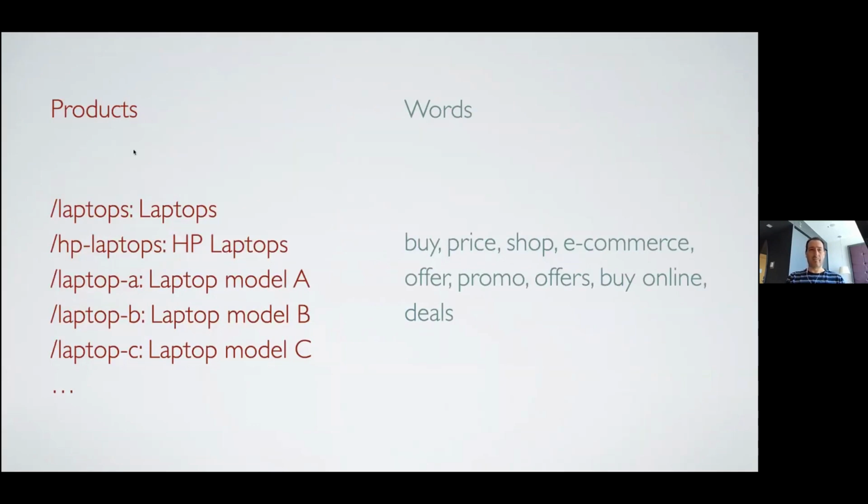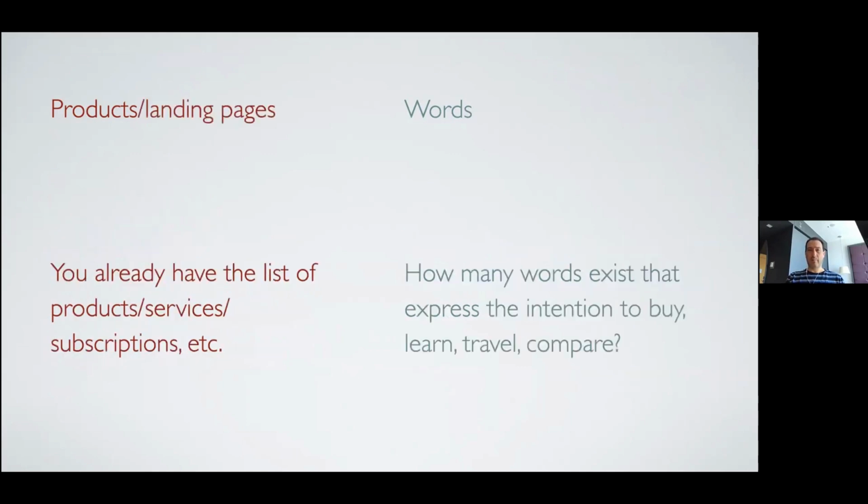So in order to create our keywords, we need two things. We need the products. We need a bunch of URLs, landing pages. They could be generic category pages, subcategory pages, or even product pages and their names. And we need a bunch of words that express this intention. Now, the main insight here is that this is very easy.